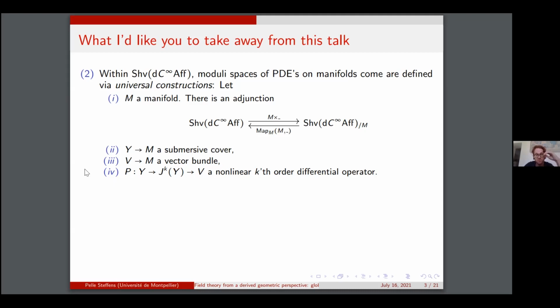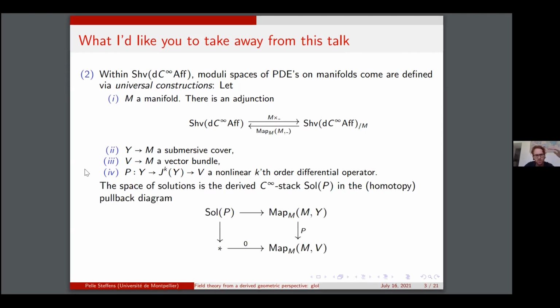And then it's easy to construct a space instantiating the derived intersection of P with the zero locus. So we take a homotopy pullback diagram in sheaves on derived affines. In general, these mapping stacks may be very large, very wild, very difficult to analyze. But in good cases, this space is in fact very tractable.